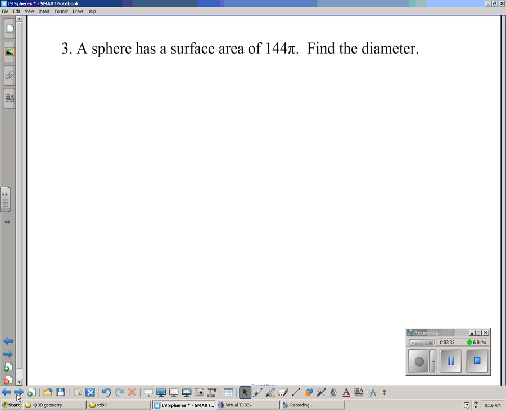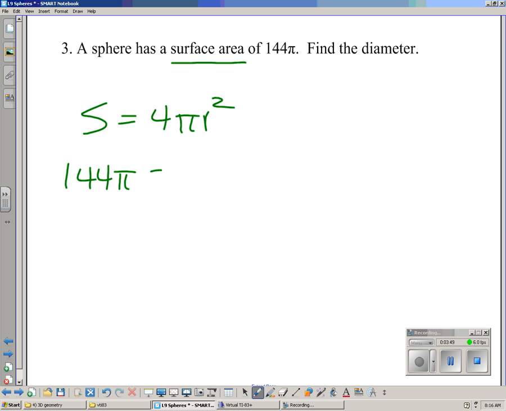Pretty straightforward so far. Now, the third question says the sphere has the surface area of 144 pi. Find the diameter. So they're calling for the surface area formula for a sphere, which is 4 pi r squared. They told us that the surface area is 144 pi, so that can go in for S. Now our job is to solve for the radius, because if we have the radius, we can double it to get the diameter. So we divide by 4 pi on both sides.